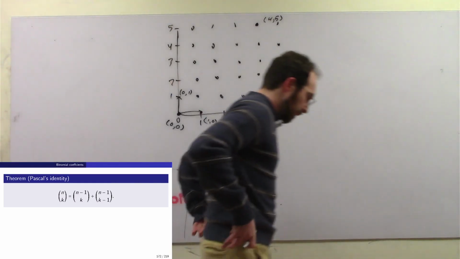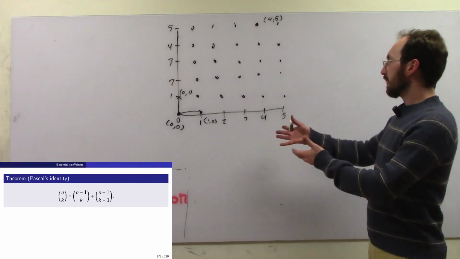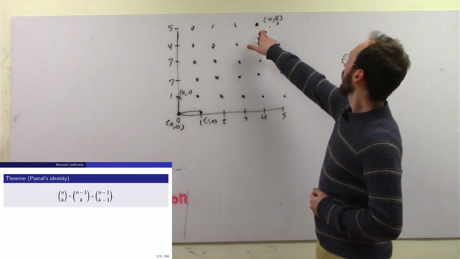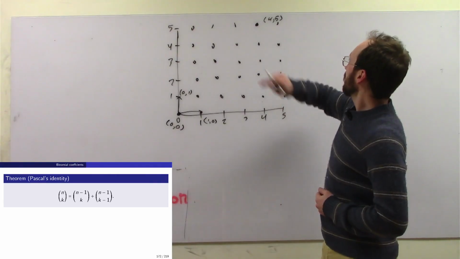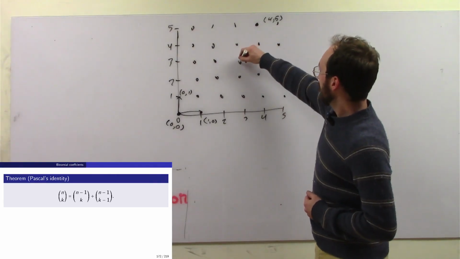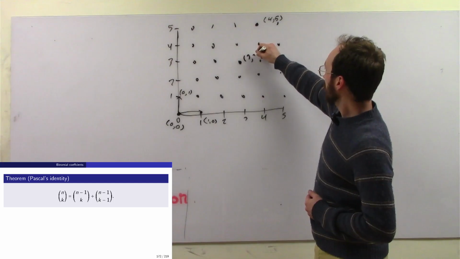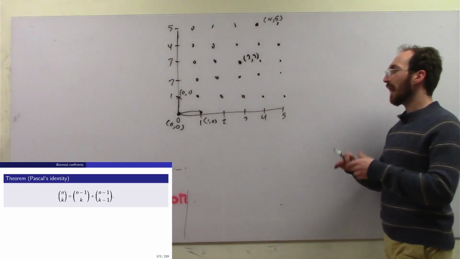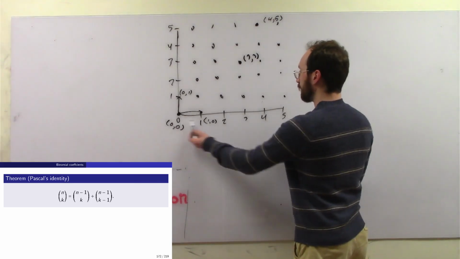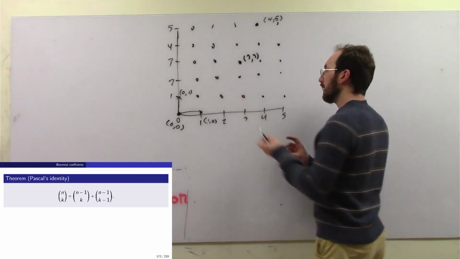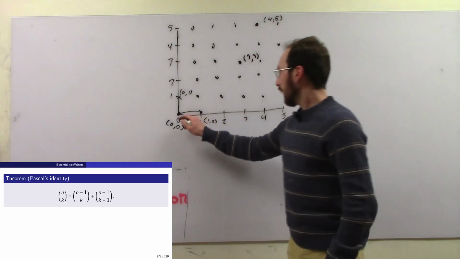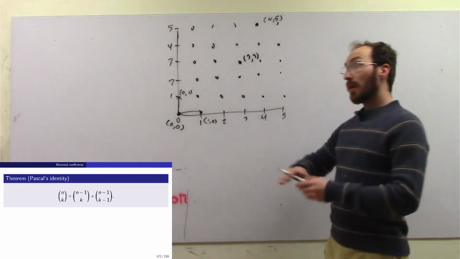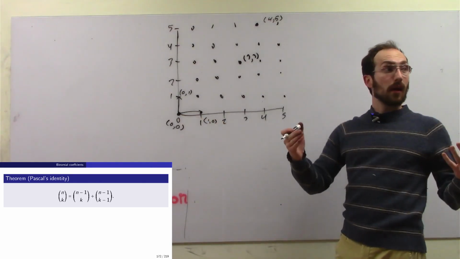Let's look at this lattice, and draw some paths between 0,0 and maybe let's not go 4,5. Let's go 3,3. Okay, so if I'm going to make a lattice path to 3,3, then at every point, at the beginning, I have a choice.